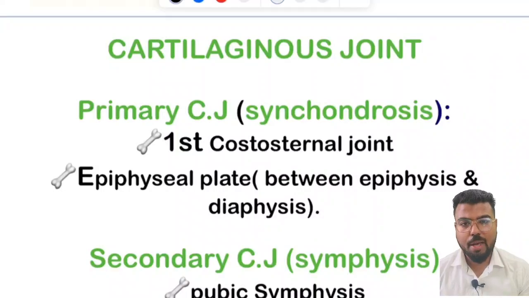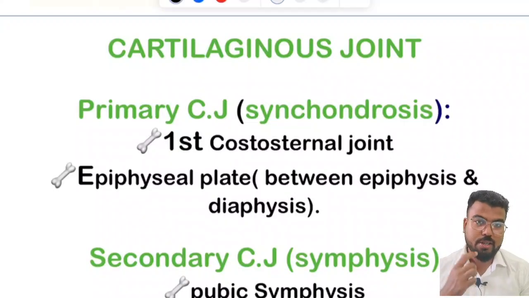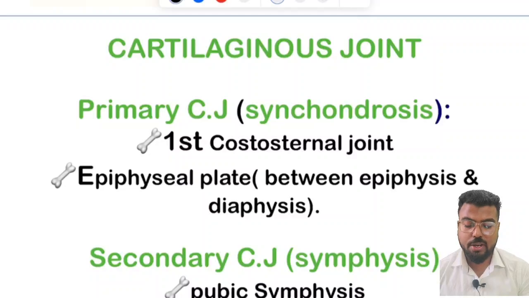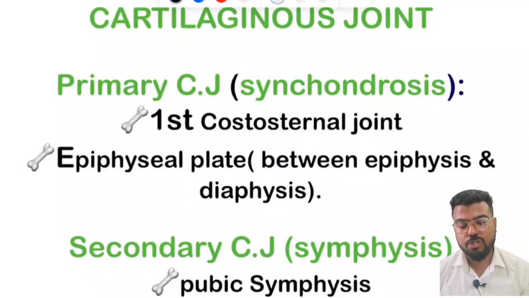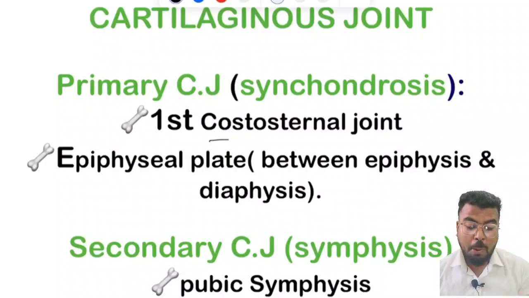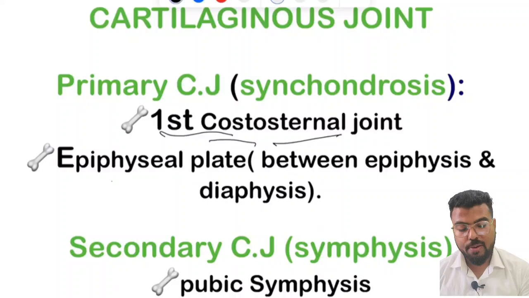Cartilaginous joints: there is the primary cartilaginous joint and the secondary cartilaginous joint. The primary cartilaginous joint is also known as synchondrosis, and the secondary cartilaginous joint is symphysis. In the primary cartilaginous joint, there is the first costosternal joint, where costo means ribs and sternal means sternum, and the epiphyseal plate between epiphysis and diaphysis.